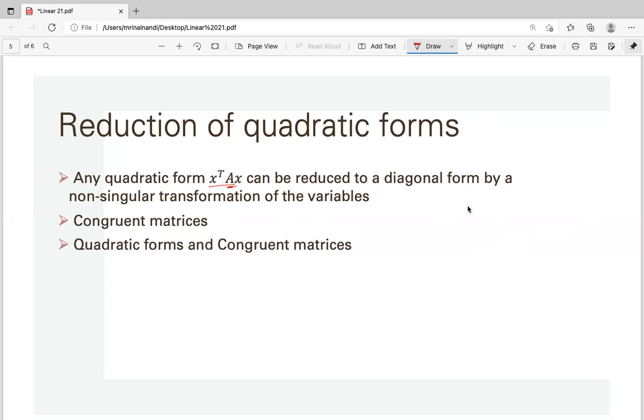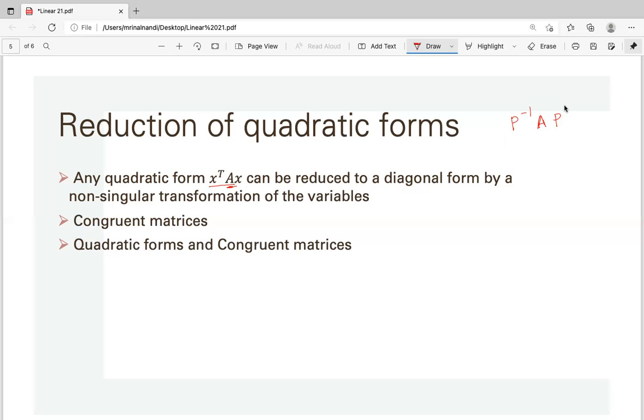The proof is just by the spectral decomposition. I forgot to tell you that A is a real symmetric matrix, since the quadratic form is a real quadratic form. Since A is a real symmetric matrix, we know there is an orthogonal matrix P such that P inverse A P is diagonal. So a real symmetric matrix is diagonalizable, and this P can be made orthogonal.